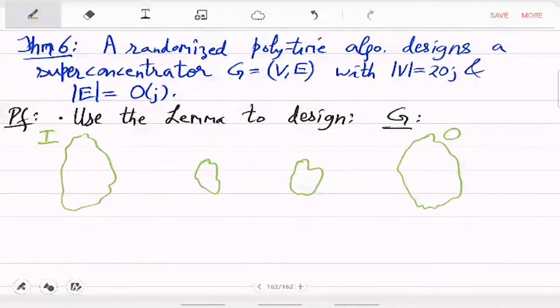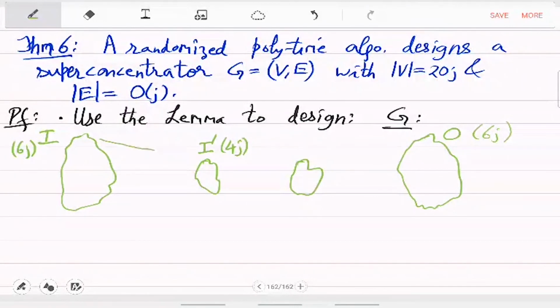How many are they? So this number is 6j, and this number is also 6j because of the 6j in the concentrator. So from I, you first use the concentrator to go to I prime, which will be 4j vertices.